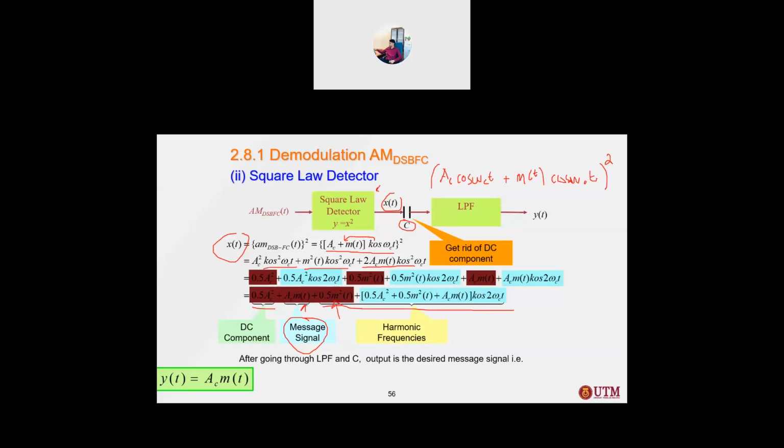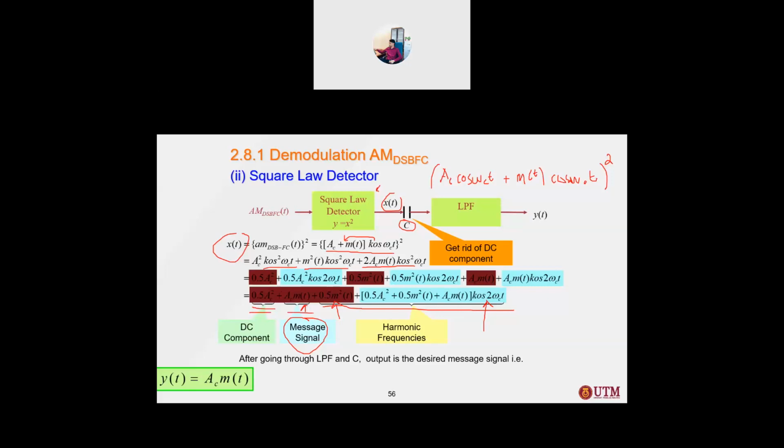So you're going to have more, like square. So the same with this, all of them are actually harmonic frequencies. Why harmonic frequency? Even here, because the message signal, which is the modulating signal, still actually has harmonics. This one is totally DC component, just a number.